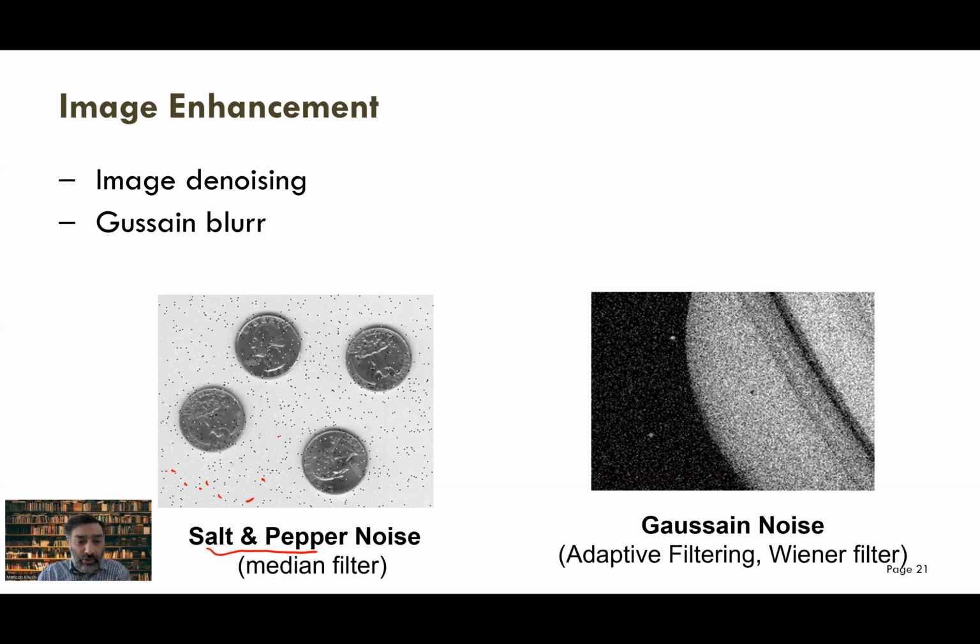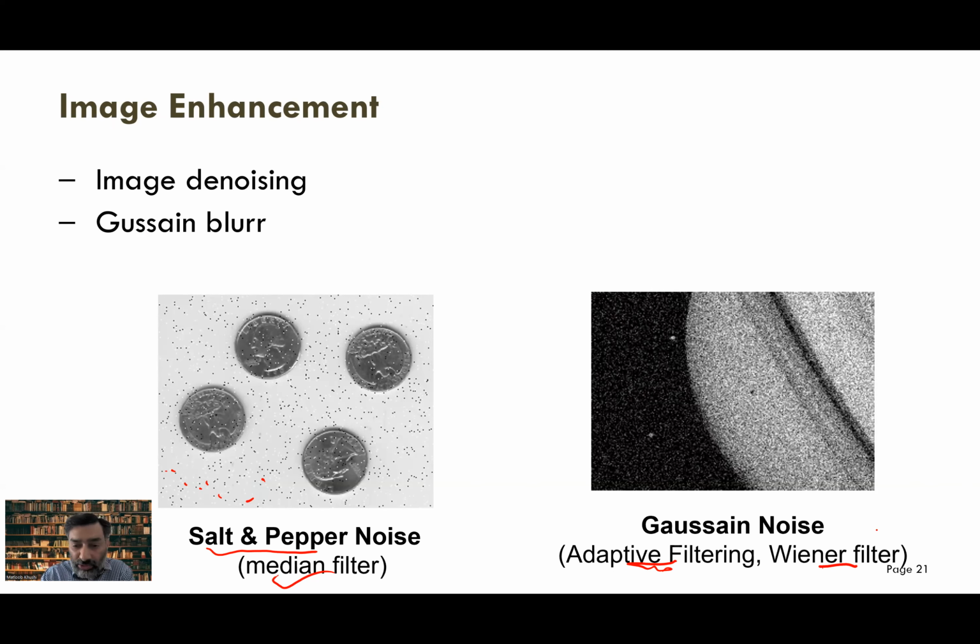We can get rid of this noise and improve the quality of the images with different filters, and the median filter is one of the famous filters. Other more sophisticated filters are the adaptive filter and the Wiener filter. We're not going to go into the details of these advanced filters. They are available to you as different methods when we get into the code.